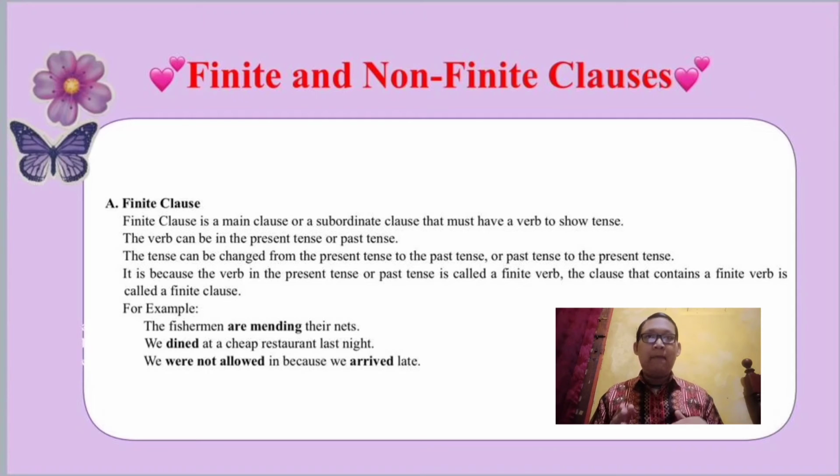The tense can be changed from the present tense to the past tense or from past tense to the present tense. It is because the verb in the present tense or past tense is called finite verb. The clause that contains a finite verb is called a finite clause.